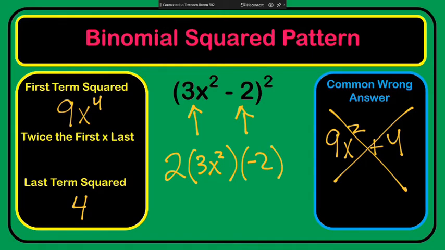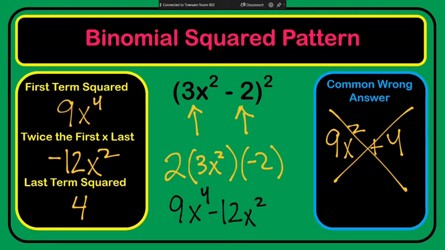And so that's going to be negative 12x squared. So on this problem, when we put it in standard form, our answer is 9x to the fourth minus 12x squared plus 4.